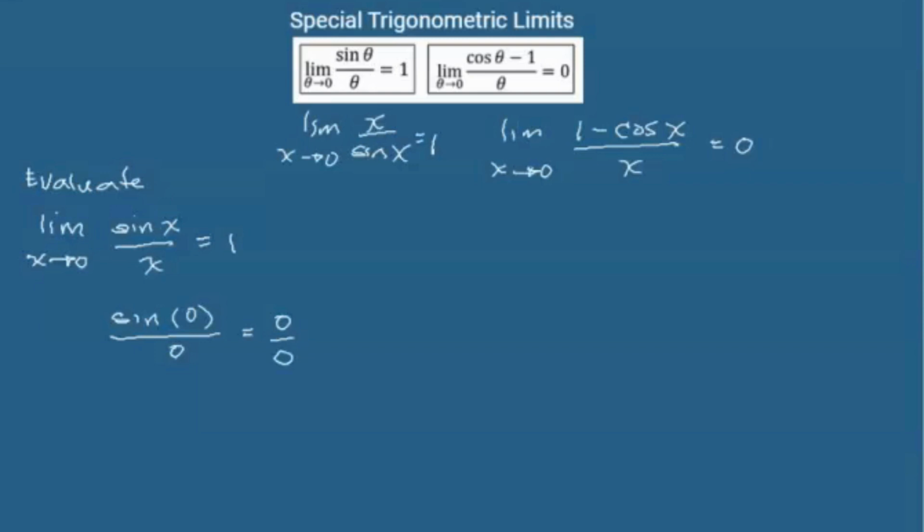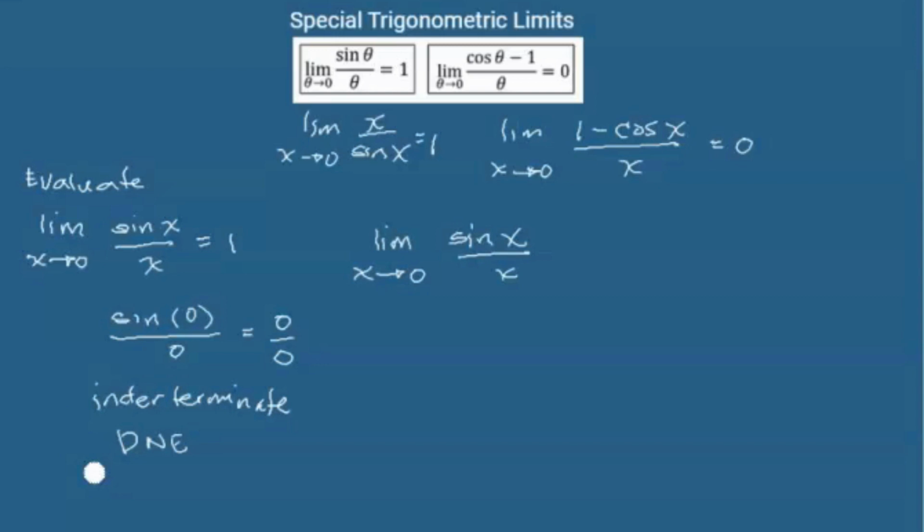If we get 0 over 0, then this is indeterminate. And if it's indeterminate, from our previous lessons, we know that the limit does not exist. So let's check this further by constructing the left and right hand limit.